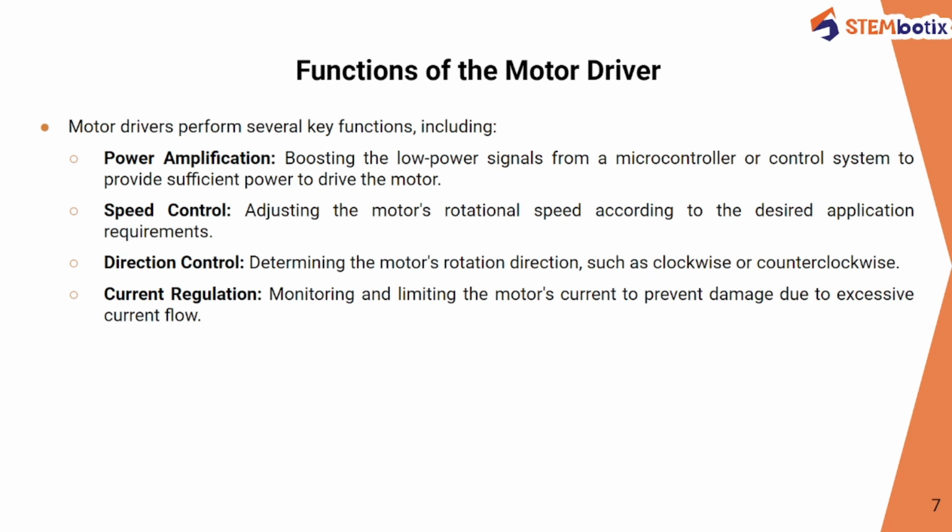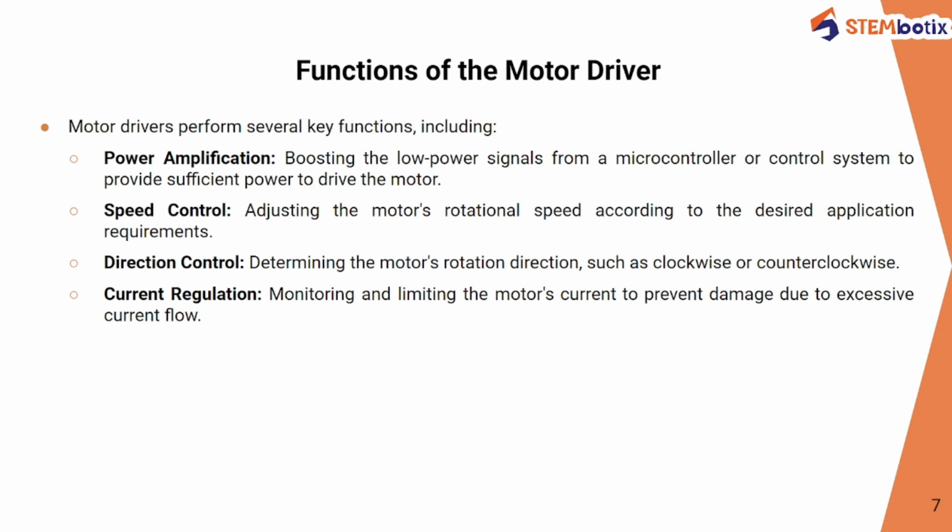Third is direction control, so determining the motor's rotation direction, such as clockwise or counterclockwise, means in which direction your device should operate or go, it's going to be done by this motor driver.